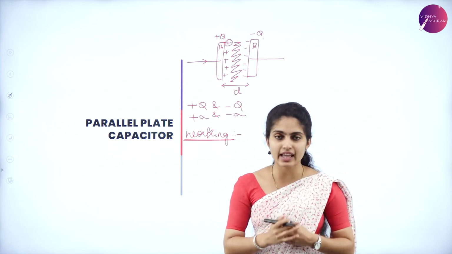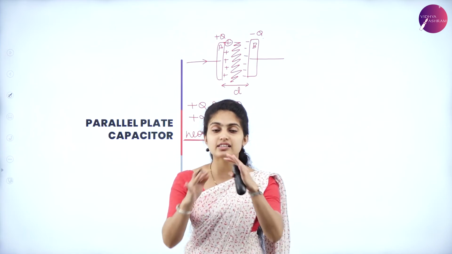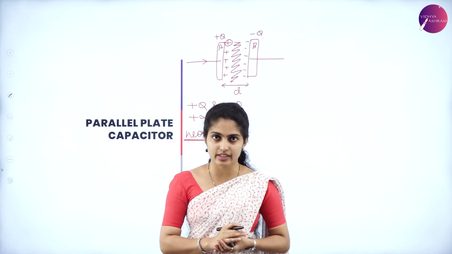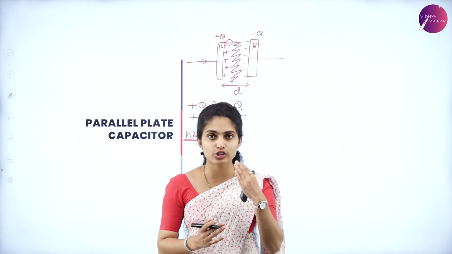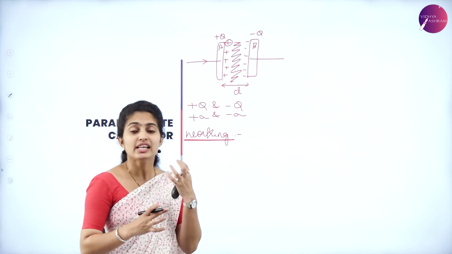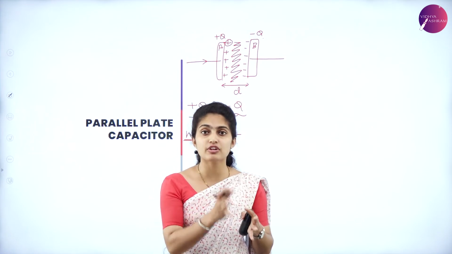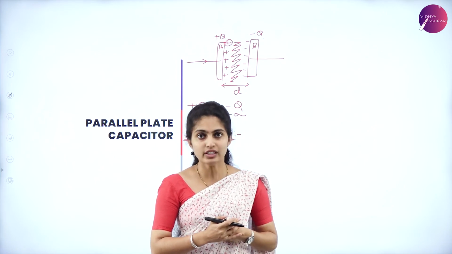When this happens, the electric potential increases in the whole circuit. Due to the increase in the field, the potential also increases. So the potential increases until it becomes equal to the applied potential of the system.